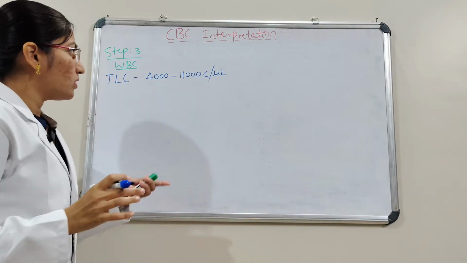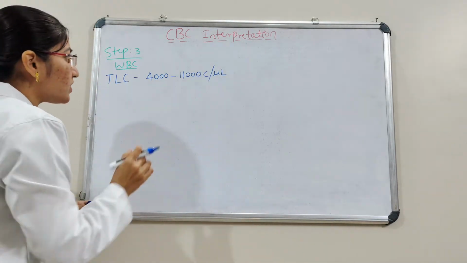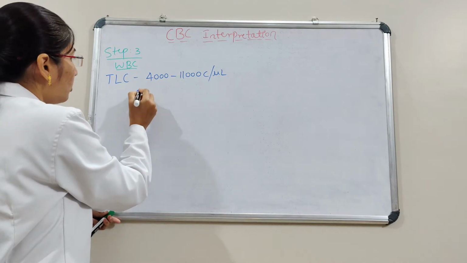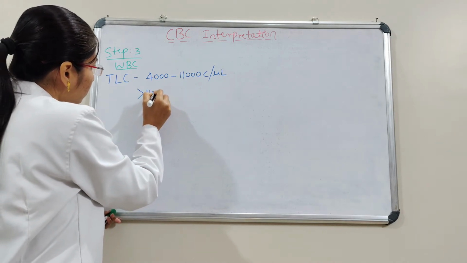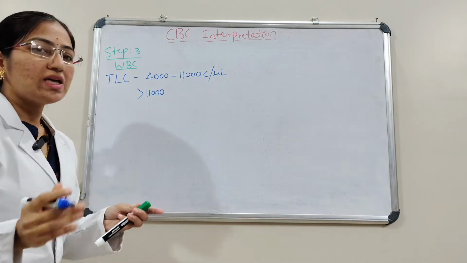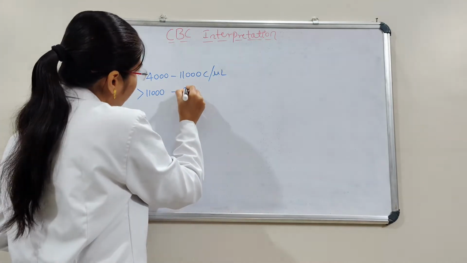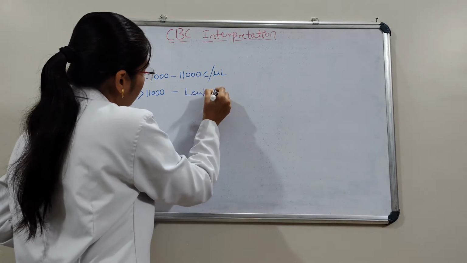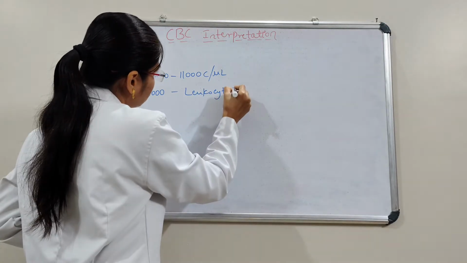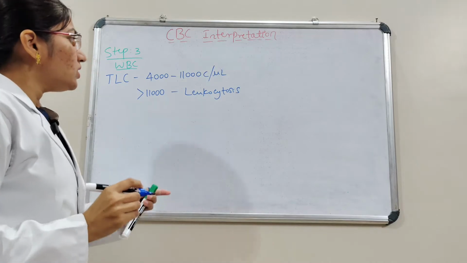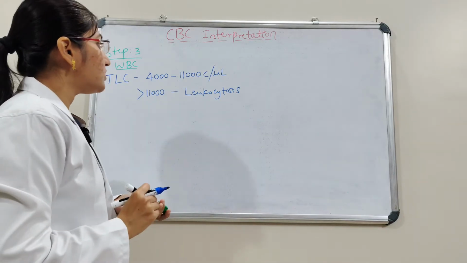It is the normal range. If it is more than 11,000, then the condition is called leukocytosis.